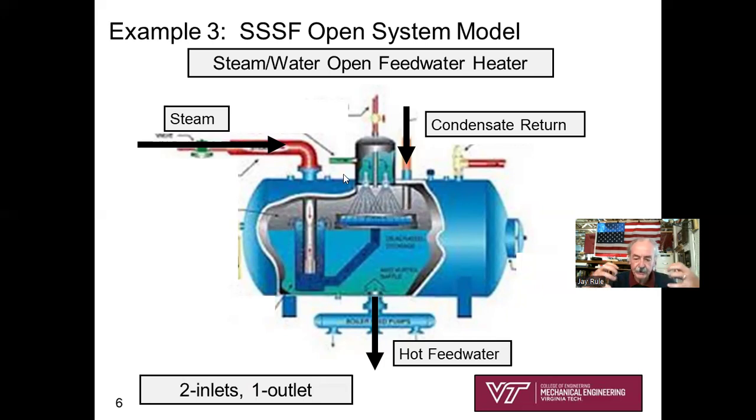And so those 2 streams mix together in a steady manner. There's only 1 outlet that I've called hot feed water, and it goes off to a feed water pump where it's pumped up into the boiler. But anyway, do recognize that this is an example of an open system, steady state, steady flow. Things aren't changing with time, with 2 inlets and 1 outlet. Simple as that.